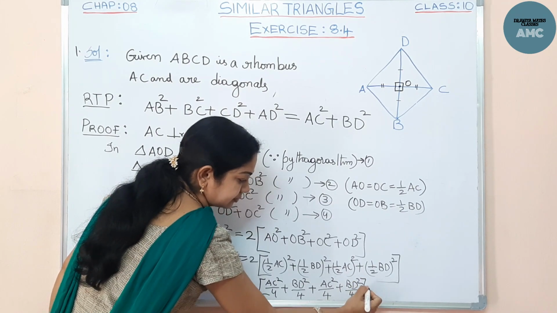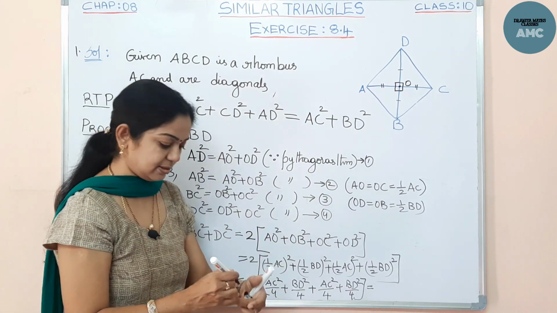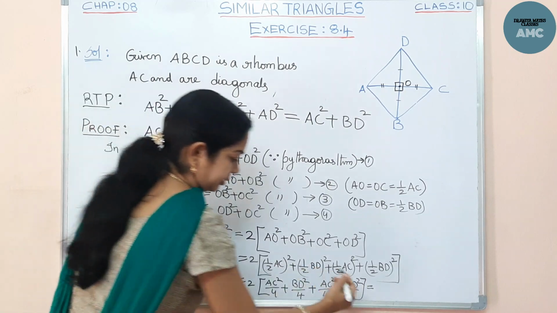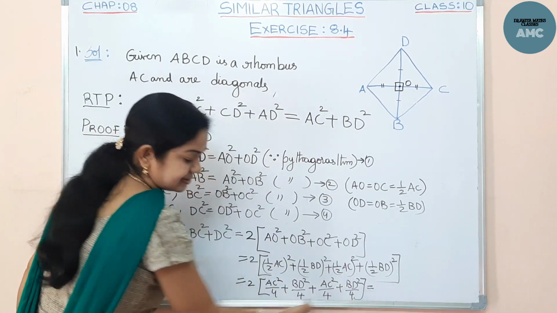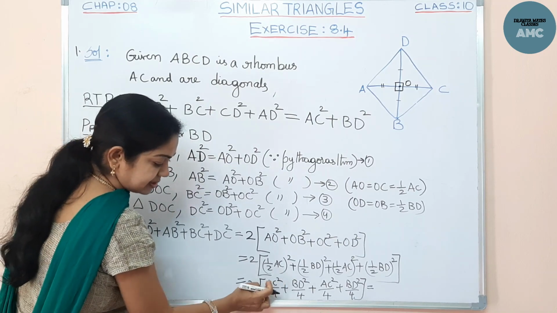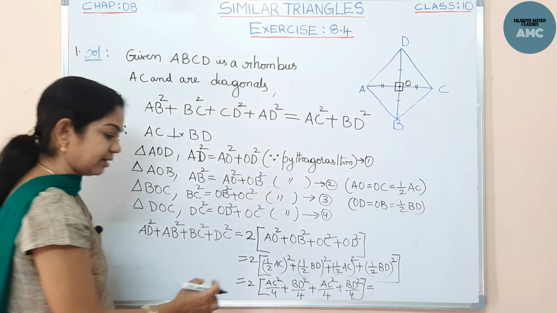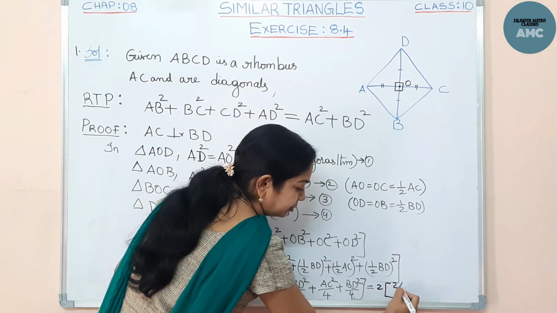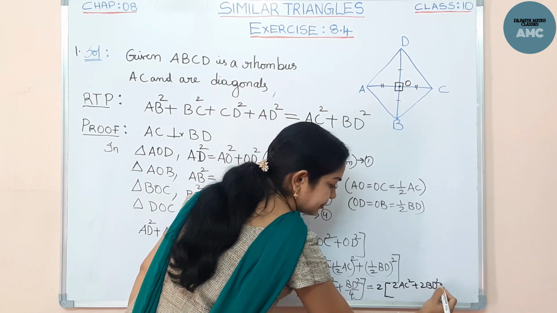Now, you can take the LCM: AC square and AC square are there, 2 AC squares and 2 BD squares, so that also we can take out. So 2 is there, you get 2 AC squares plus 2 BD squares by 4.